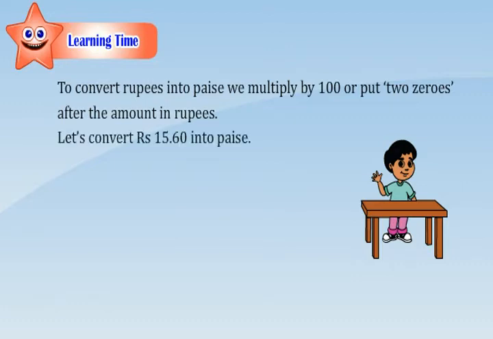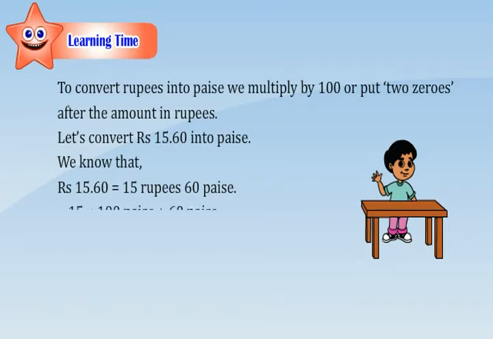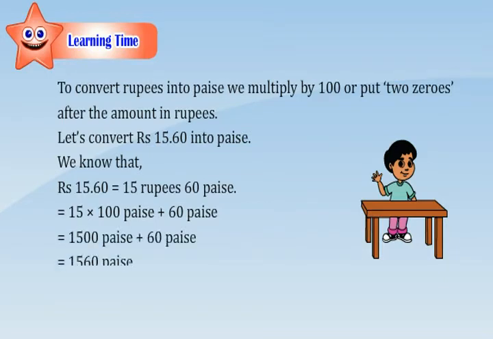Let's convert ₹15.60 into paise. We know that ₹15.60 is equal to 15 rupees 60 paise, which is 15 into 100 paise plus 60 paise. 1500 paise plus 60 paise is equal to 1560 paise.